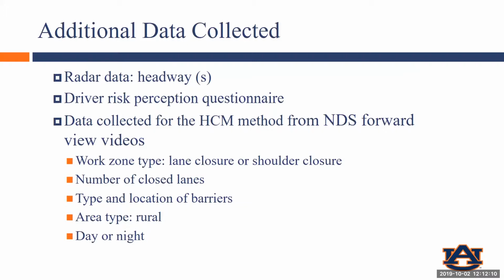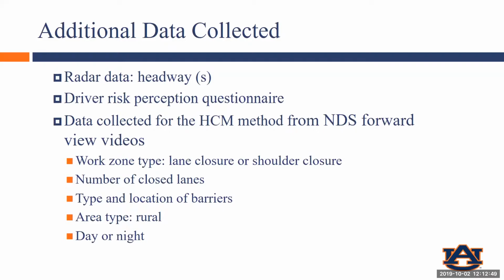And also we collect the driver risk perception questionnaire that defines the driver risk index. We also collect the data for using the Highway Capacity Manual method. We collect the work zone type, whether it is a lane closure or shoulder closure, and if there is a lane closure, the number of lanes closed, and the type and location of barriers, whether on the left or on the right, and the area type, rural or urban, and day or night.